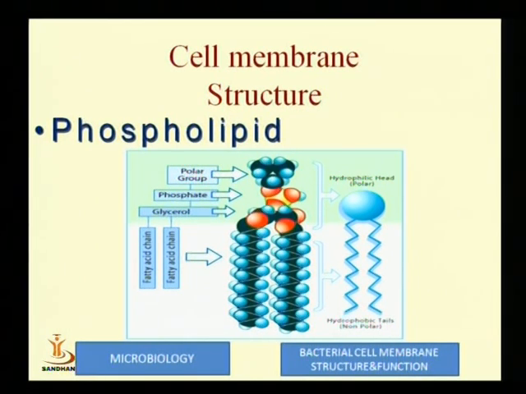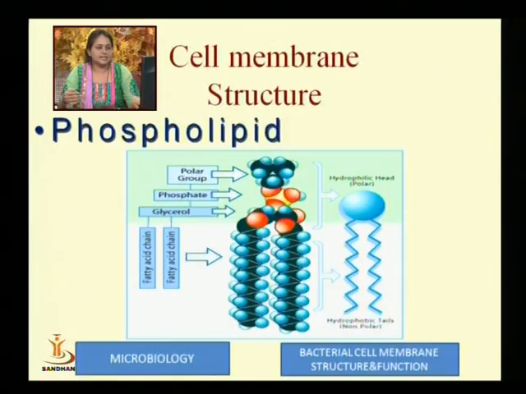Hydrophilic means attracted to water, and the second end is known as the tail, and that is the non-polar end, which is hydrophobic. Hydrophobic means having a phobia for water, meaning they repel water. So, the hydrophilic heads are arranged on the outside, and the hydrophobic tails are always on the interior side.